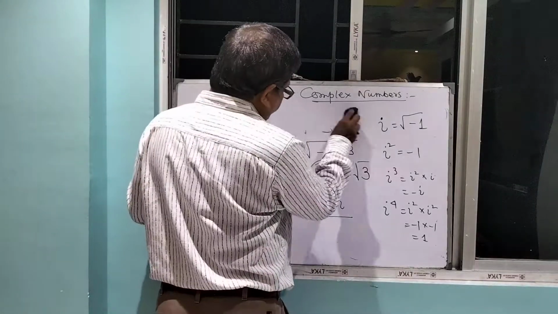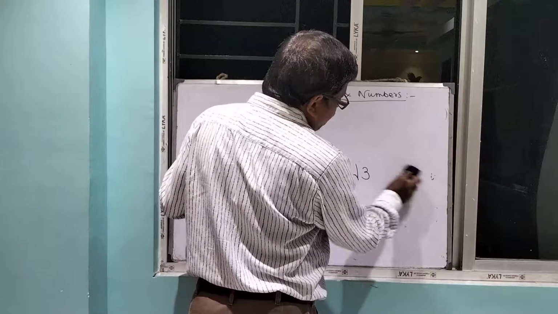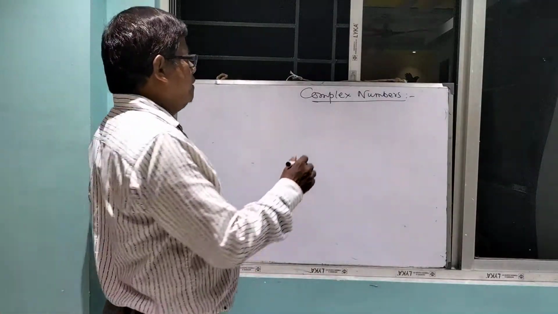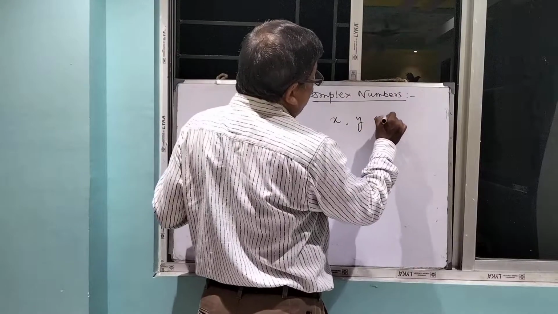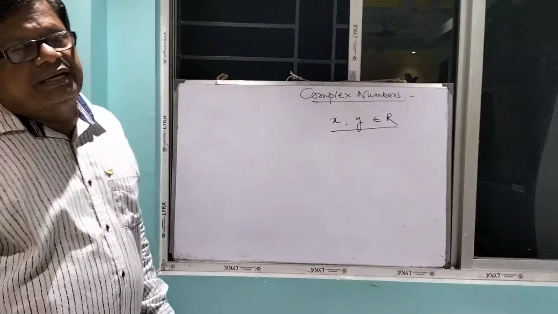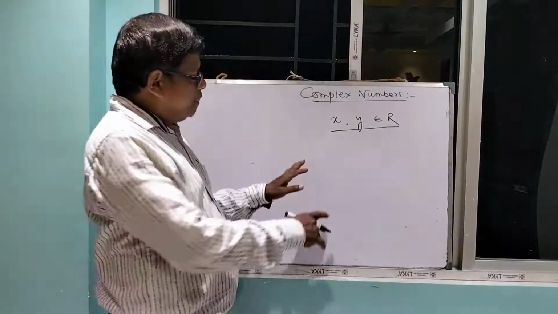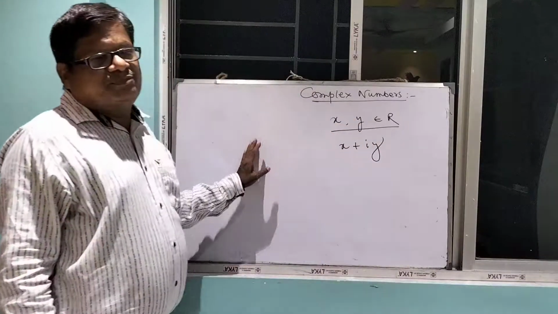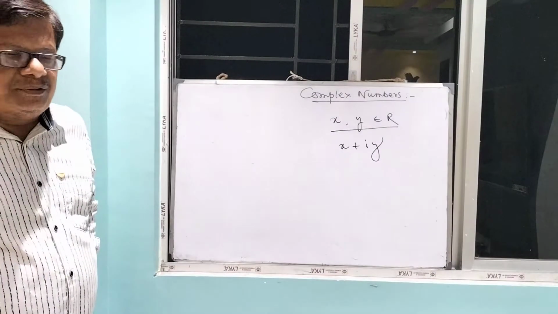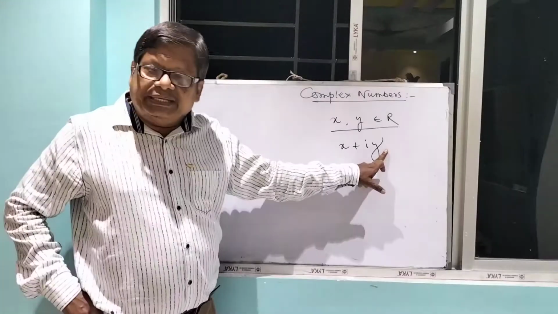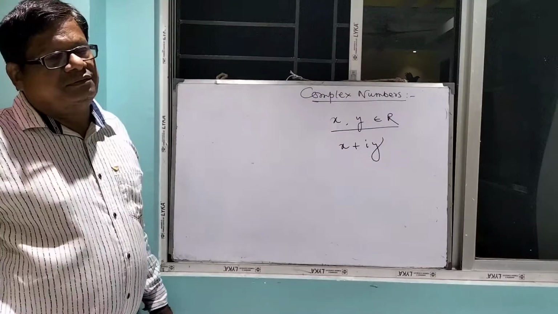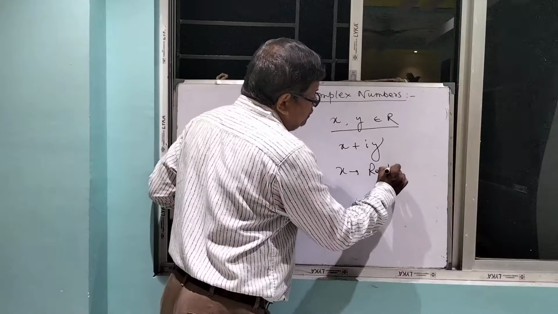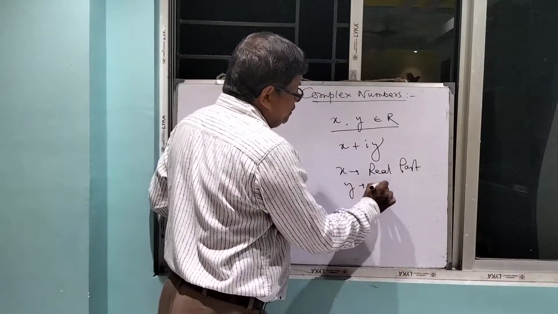Suppose we consider two real numbers, x and y belonging to R. If we write them in the form x plus iy, where both x and y are real, x is the real part and y is the imaginary part.